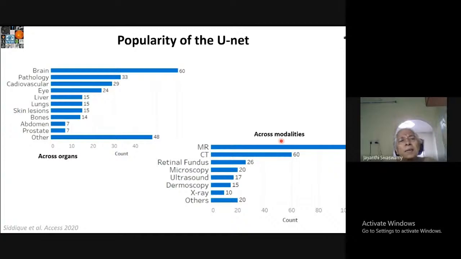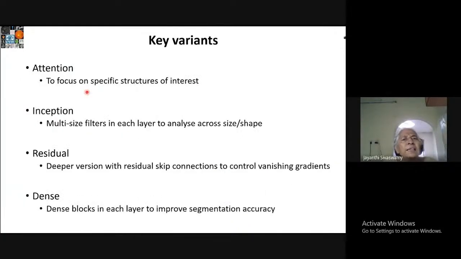So in deep learning, introducing attention means there is a particular technique to make the network focus on specific structures of interest. Otherwise, if you think back, you are basically feeding data and you're getting a decision. So how do you know that the network is learning something meaningful? And if I have a chest X-ray, how do you make it learn to focus on the lungs, and so on and so forth.